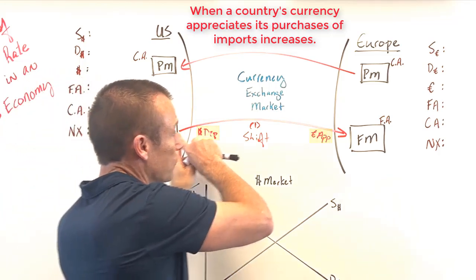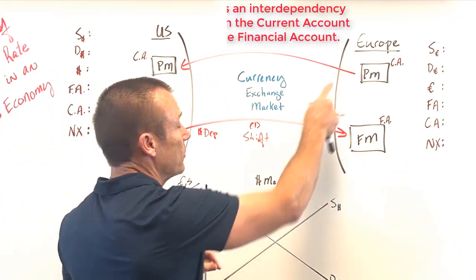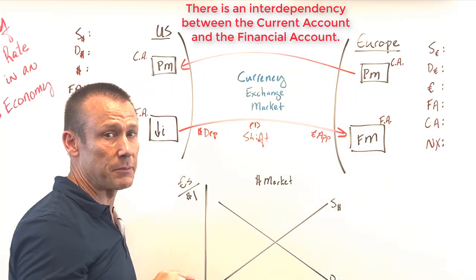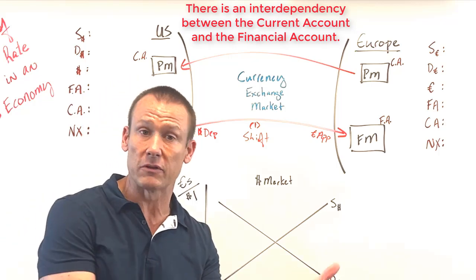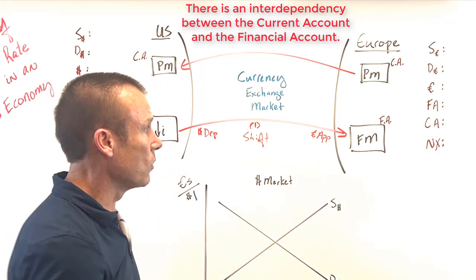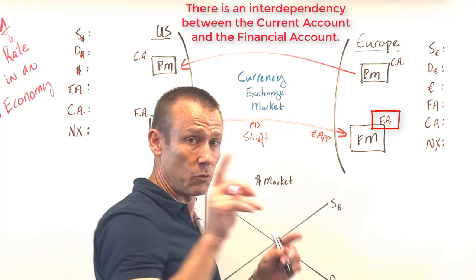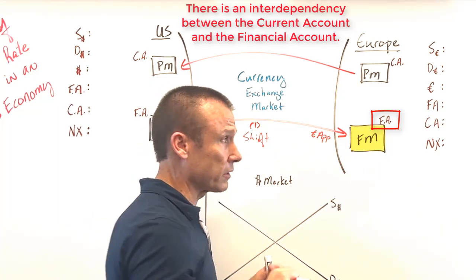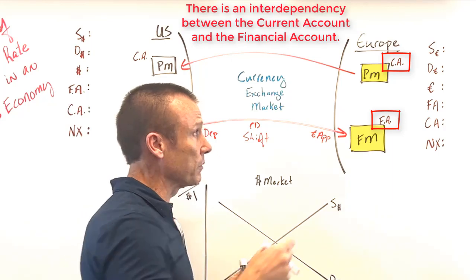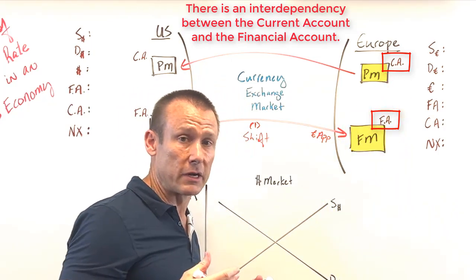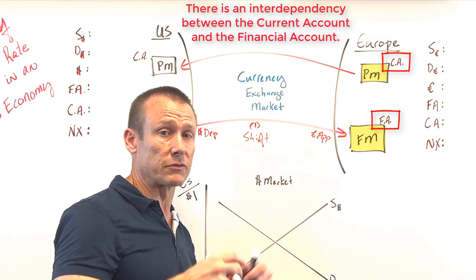Anyhow, when you get those flows going this direction, you're going to get these counter flows happening here, which we should understand because our balance of payments is going to balance, right? So if we associate the financial account, which we should, with the financial market, and of course the current account with the product market, which again we should, remember that first sub-account of the current account is the sales and purchases of goods and services.